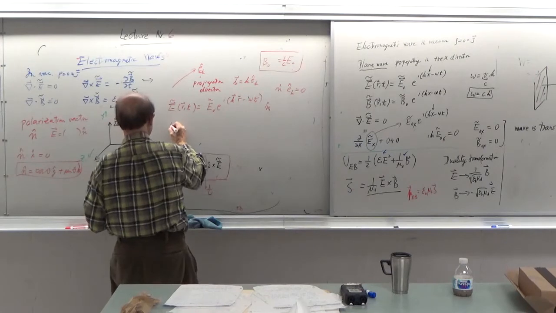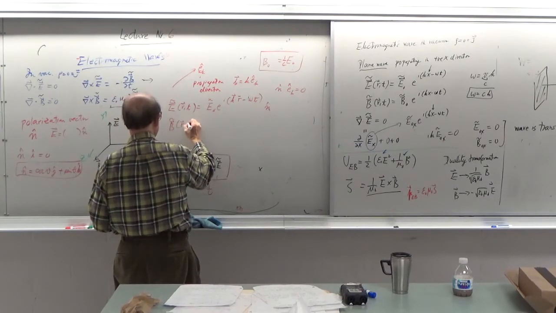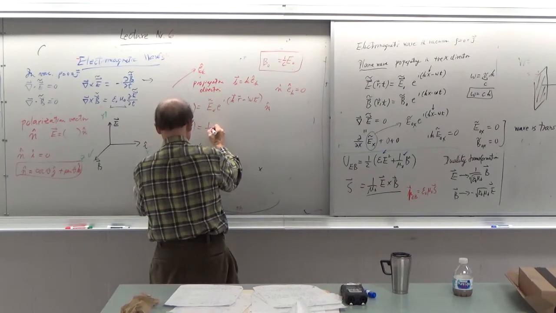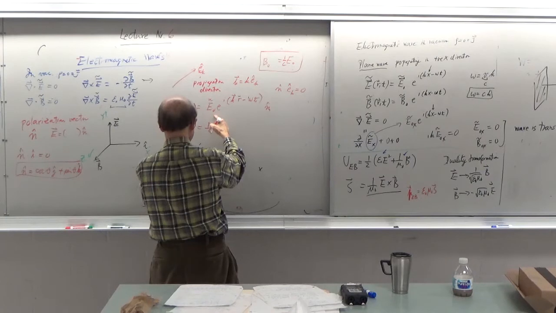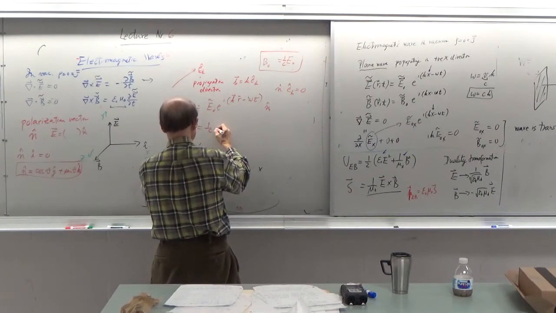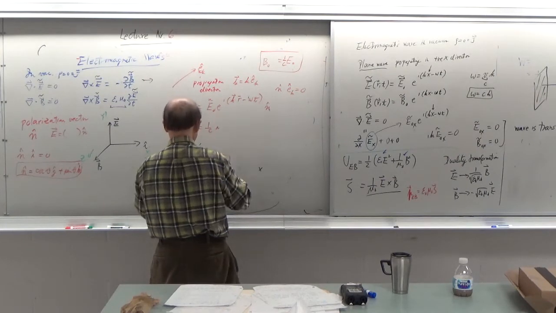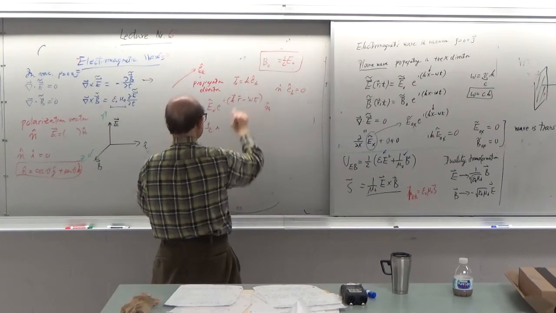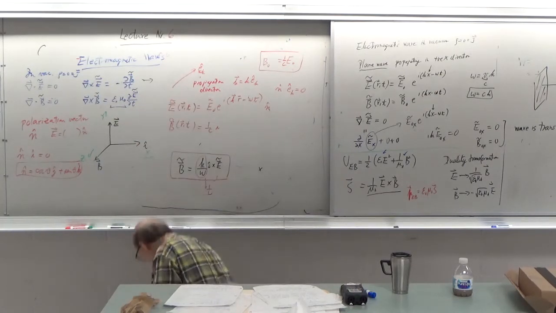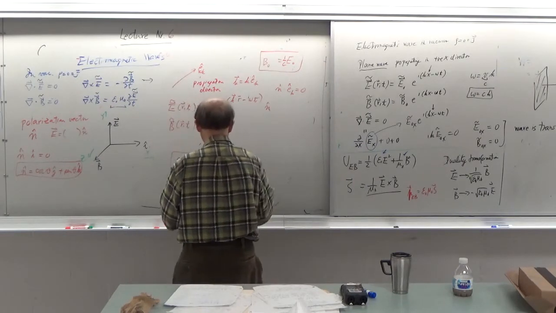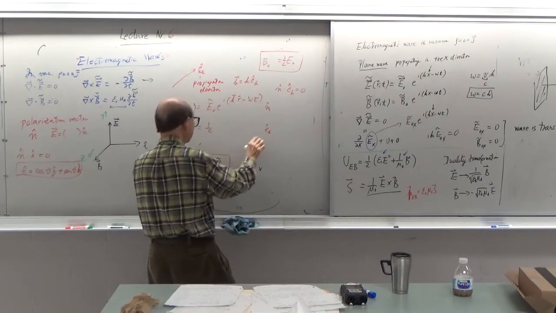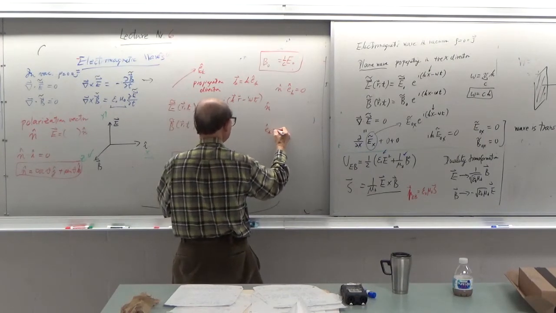And B is very simple. It's 1 over c of this, where k is now replaced by e_k hat, the direction of propagation, cross E, cross this n hat.